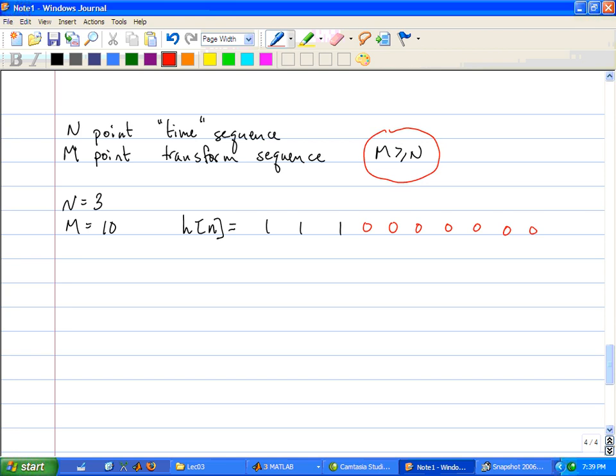So now I'm going to get a 10-point DTFT. Pretty cool, right? Essentially, all that will happen when I've done that is I've taken my curve, okay, good enough. So there's 2 pi, there's pi.